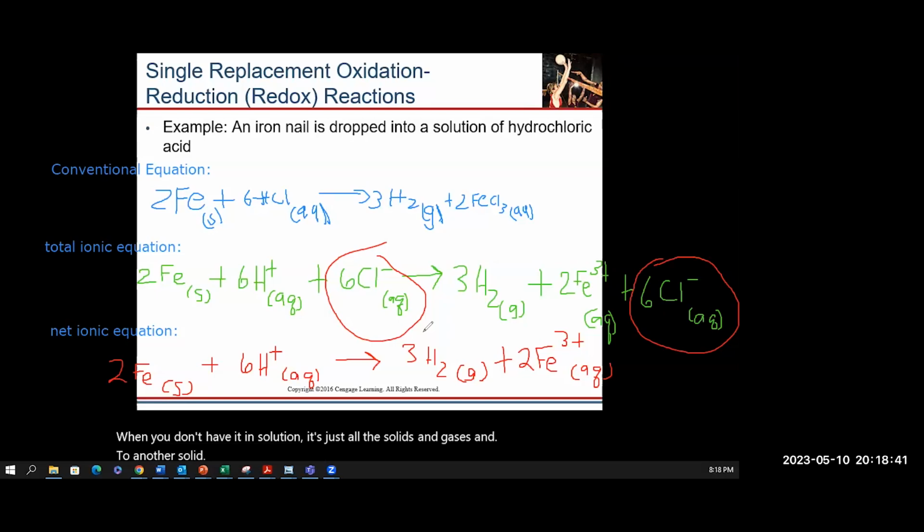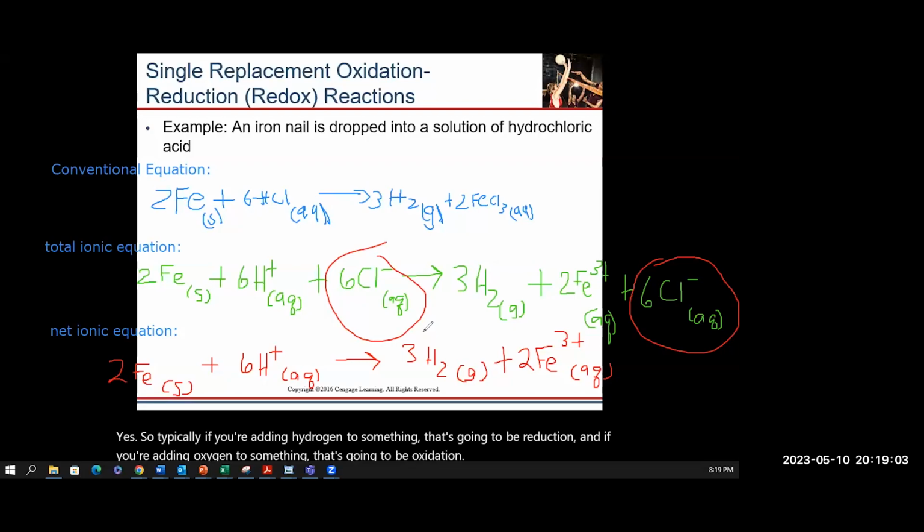How do you tell which one is being reduced or oxidized? Good question. So you're saying in the case where you don't have ions. Typically if you're adding hydrogen to something, that's going to be reduction. And if you're adding oxygen to something, that's going to be oxidation.